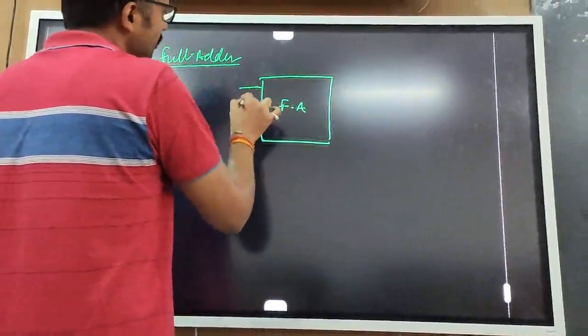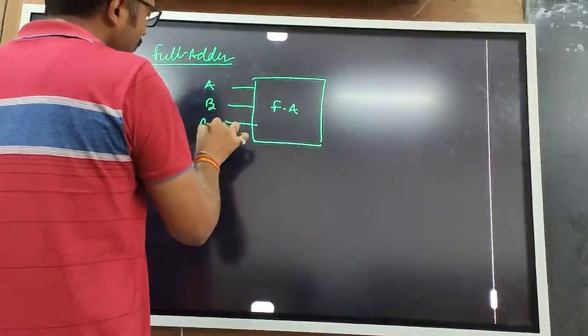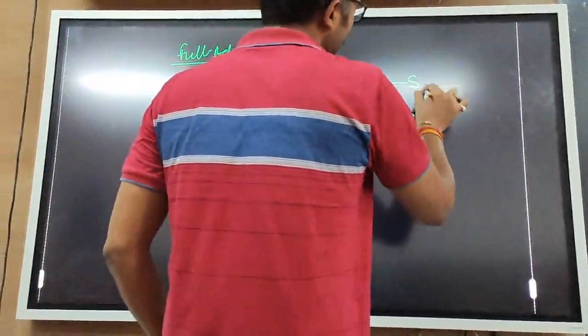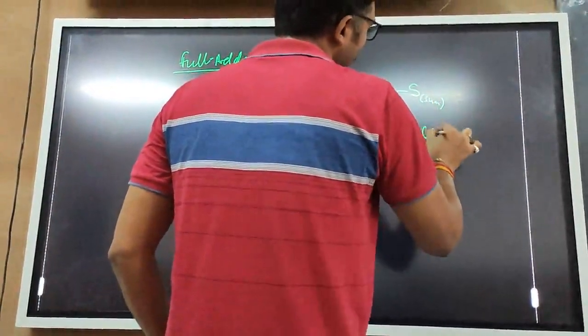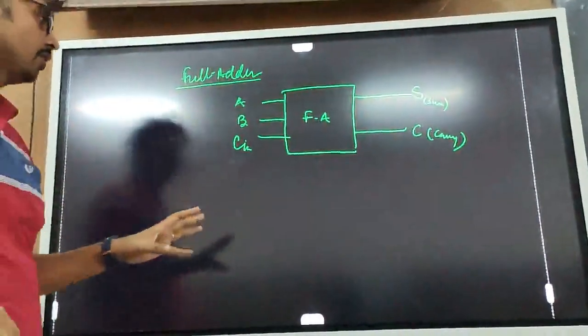There are 3 input terminals, A, B, C in, and 2 outputs, sum and carry.